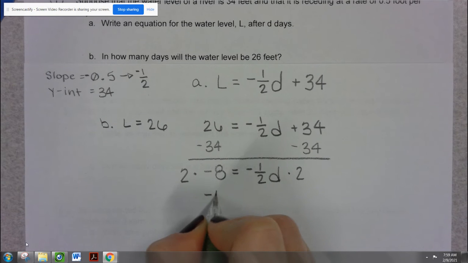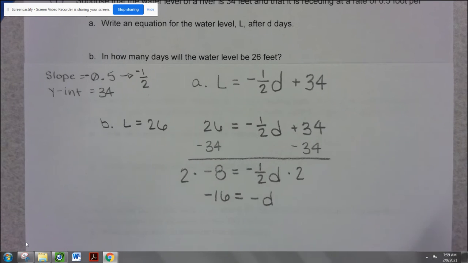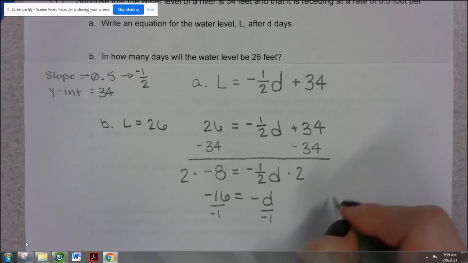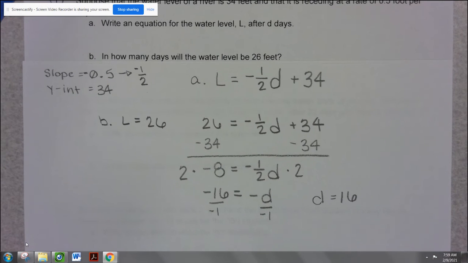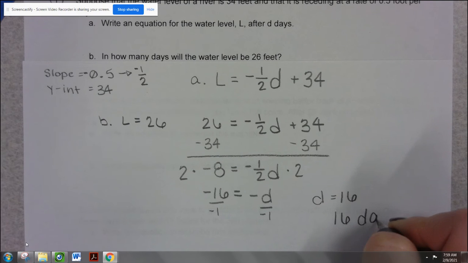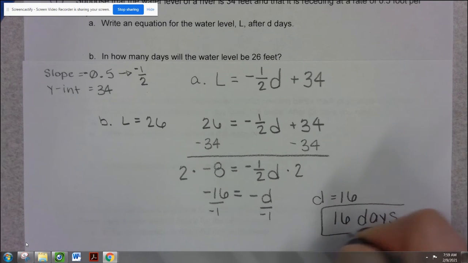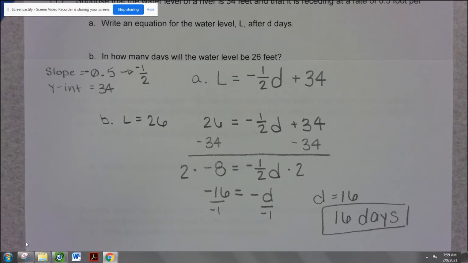So this tells me negative 16 is negative D. Dividing by negative 1 tells me D equals 16. So that means my answer for part B is 16 days. So that's an example of a word problem in slope-intercept form.